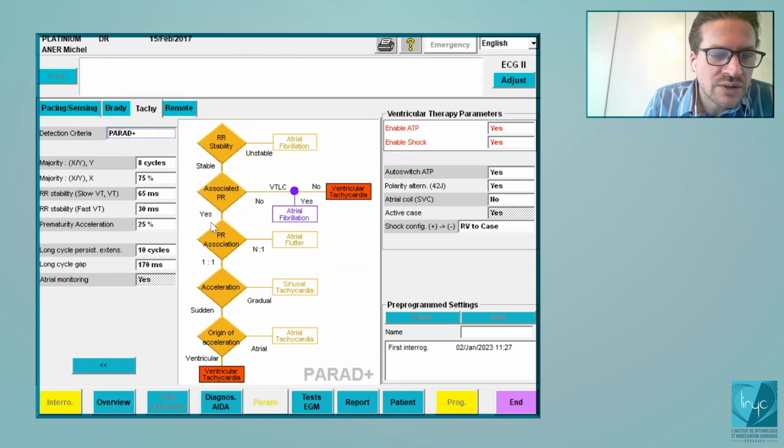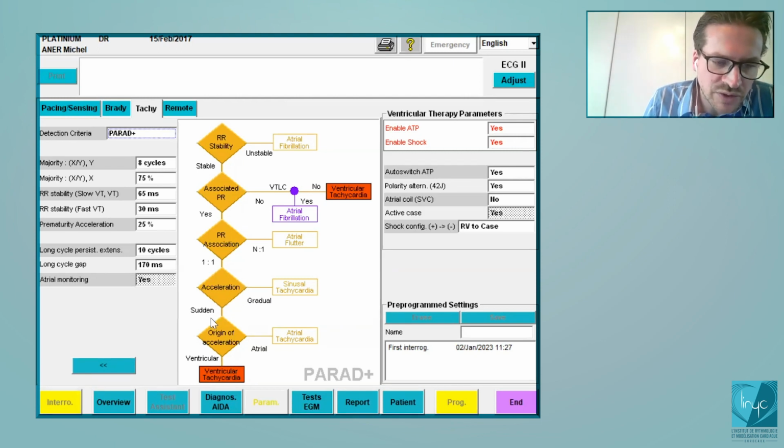So let's say there is an association, like in this case, then it's going to check out how the association is. Is there an n-to-1 association, or is there a 1-to-1 association? Of course, if you have a 2-to-1 or 3-to-1 association, it's atrial flutter. If it's a 1-to-1, then we're going to check how the acceleration is working.